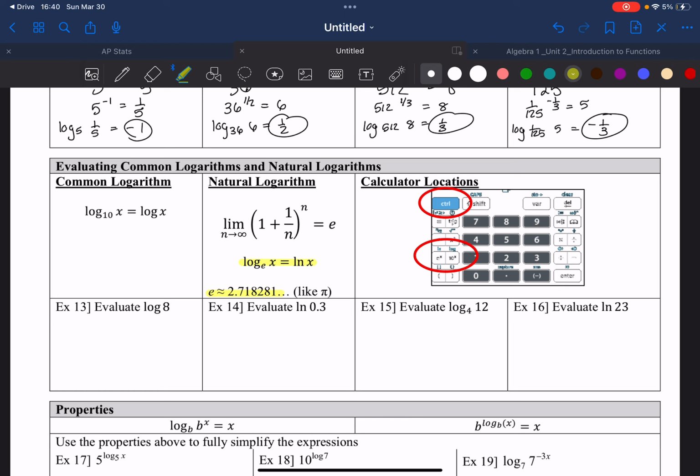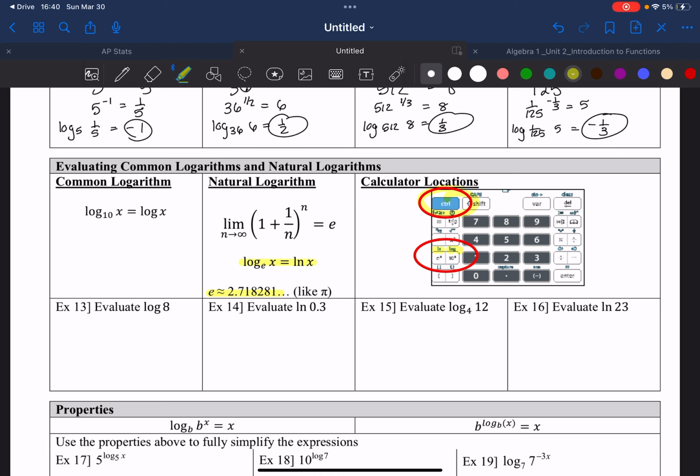It shows you here on your calculator that you're going to hit Control and then either e to the x or 10 to the x, based on if this is a natural log or a log. And then it's going to pop up and have you fill in the blanks there. Go ahead and do that.